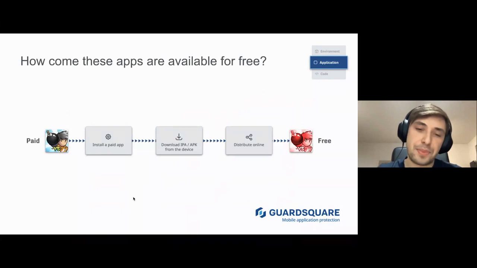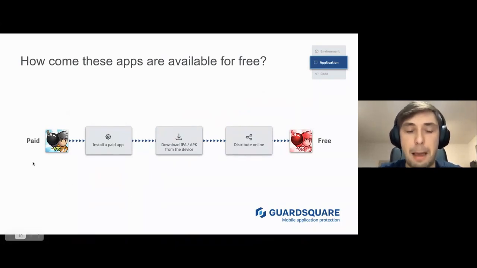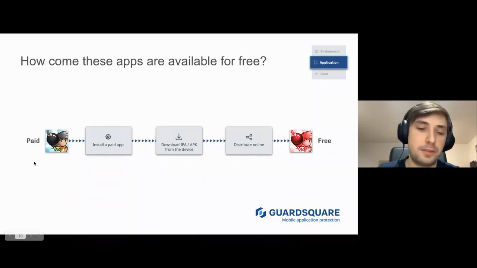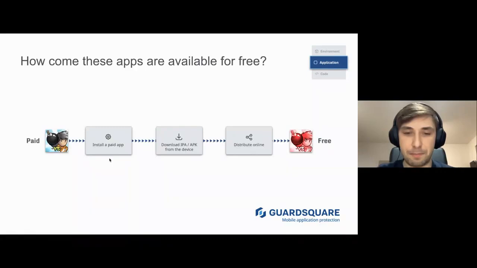So firstly, an attacker needs to buy a paid app from the App Store or Google Play, and then install it on their device. And once the application is installed, they can download an IPA file on iOS or an APK file on Android from the device to the computer.